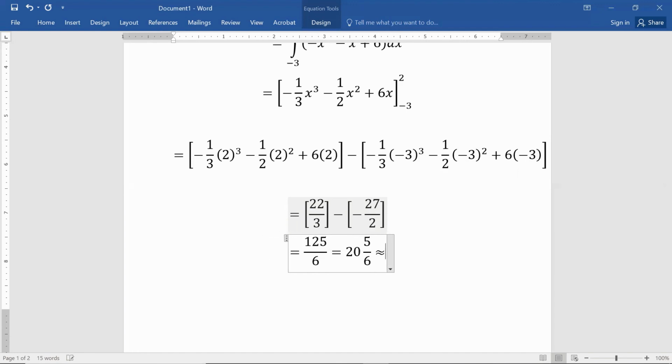And that is about 20.83. So whichever way you write it, we have our answer there. In Moodle, I believe it asks you to round to 2 decimal places.